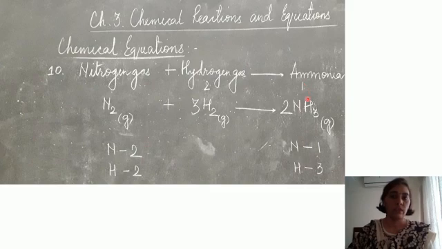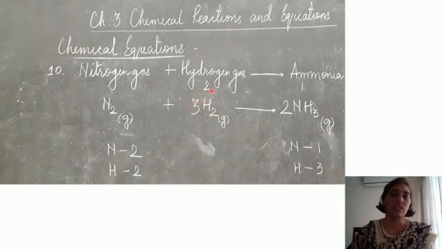How many nitrogen here? 2. And here we have 1. So we write a coefficient 2, and nitrogen is balanced. But then hydrogen becomes 6. 2 3s are 6. So we need to make hydrogen 6 here. How can we make hydrogen 6? This is already H2, so if we write 3, it becomes 3 2s are 6.